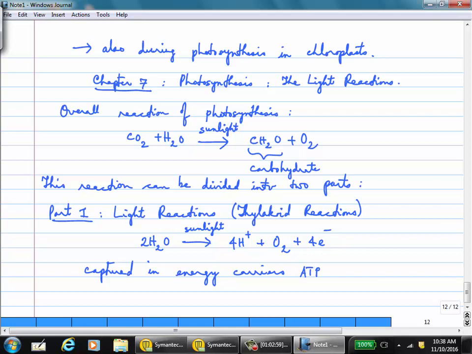NADH and NADPH. Okay, NADH is for the catabolic reactions, that is like respiration and all that. Here these will be biosynthetic reactions, so it is NADPH, right? So the energy is captured in energy carriers ATP and NADPH.